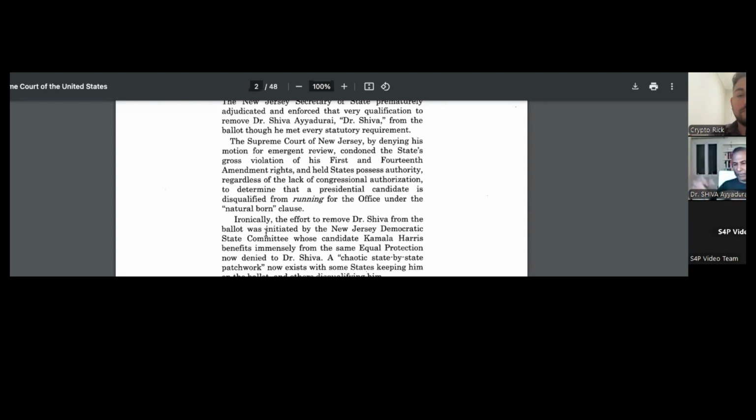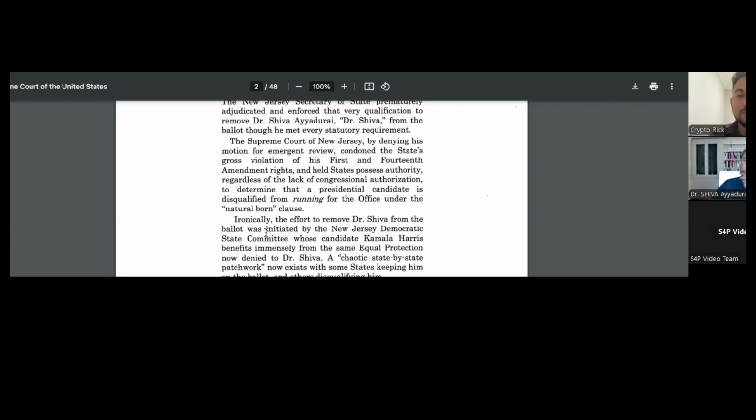They claim they're for black people, women, all the people of color, etc. By the New Jersey Democratic State Committee, whose candidate, Kamala Harris, benefits immensely from the same equal protection now denied to Dr. Shiva. The equal protection clause of the 14th Amendment is what allows Kamala Harris, a woman of color, to run. It's what allows her as a woman to be president. Because the same clause right next to the natural born clause was another clause which said only he can be president.